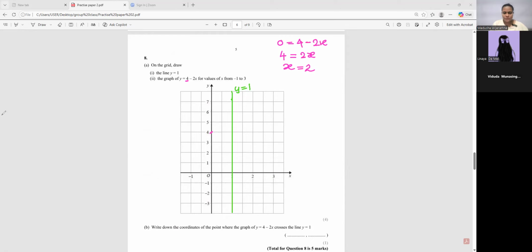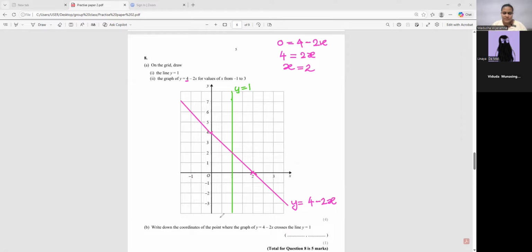When x is equal to 2, the y coordinate is 0. This is the line, label it y equals 4 minus 2x. Write the coordinates of the points where this graph crosses the y equals 1 line.